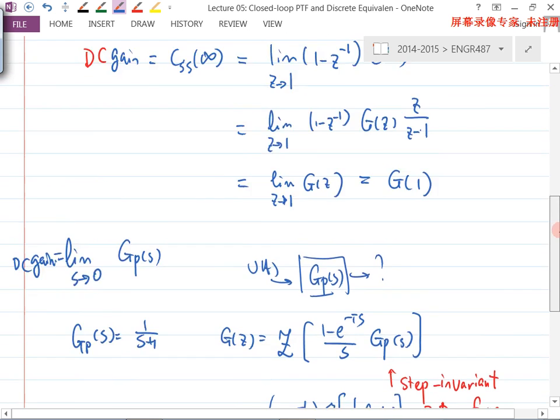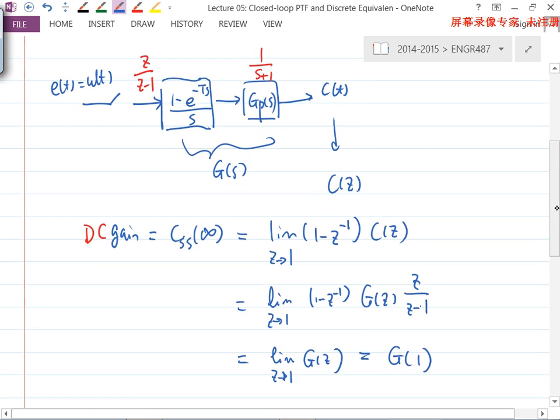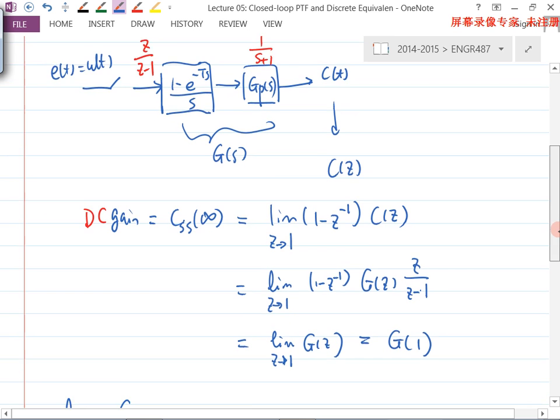So let's go back here. What we're looking for is the DC gain of the system, the DC gain when the system input is a unit step input. So G of Z in this formula is G of Z. You might have something else, maybe another block, or it might be a closed loop system, but this is just for this one.